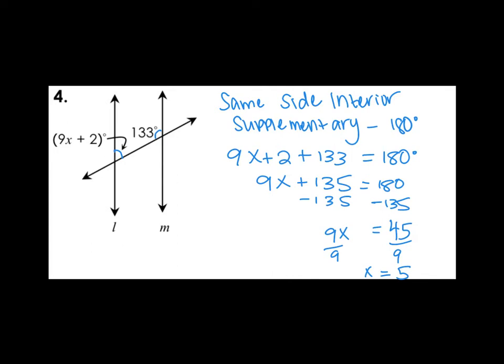Now, if you were asked to plug this in here and find the measurement of all the angles, 9 times 5 is 45 plus 2 is 47. So this angle would be 47, which means that this one's 47, and this one's 47, and this one's 47.